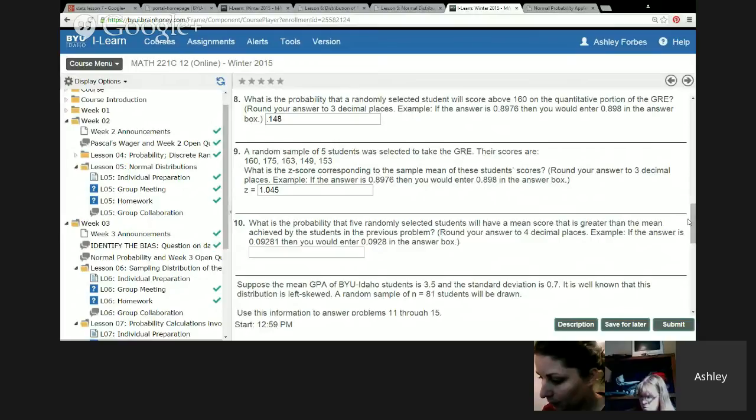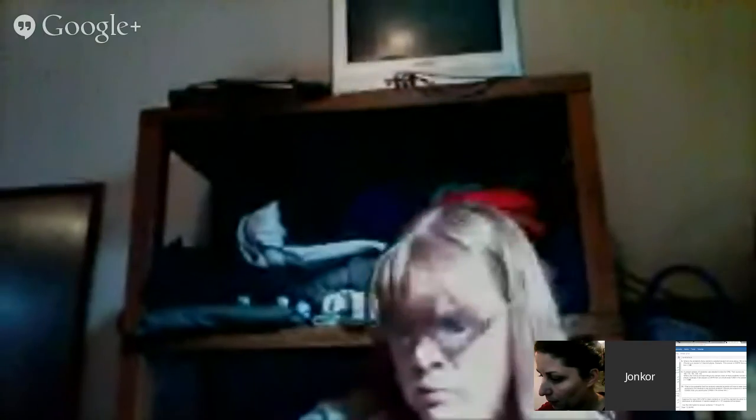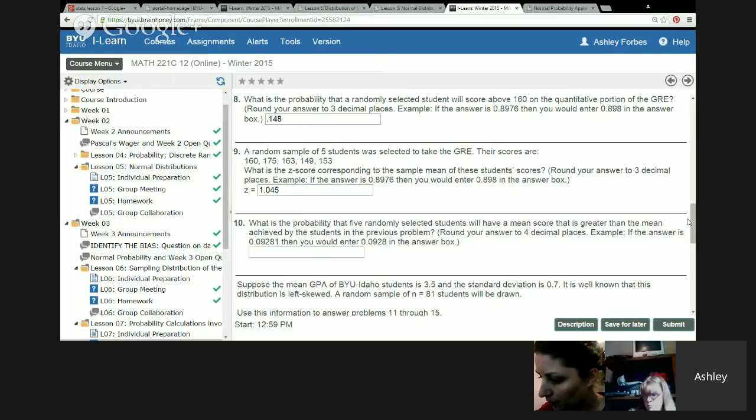I'm going to carry it all the way through, 3.9354796, just to be safe, and then I'll round at the end. Then we do 160 minus 150.8. Did you guys get 9.2? Yeah. So then 9.2 divided by 3.9354796 is about 2.3377.